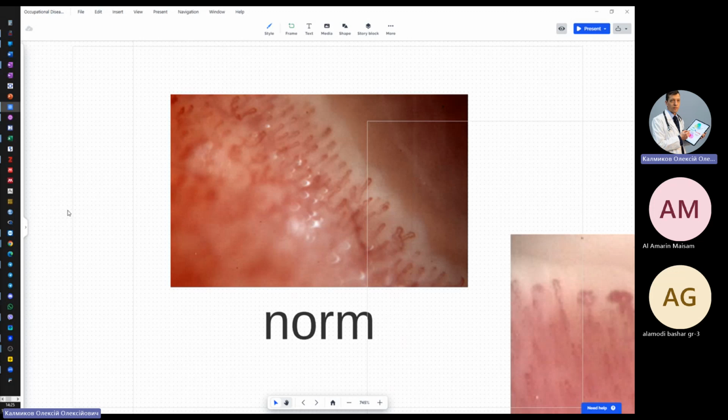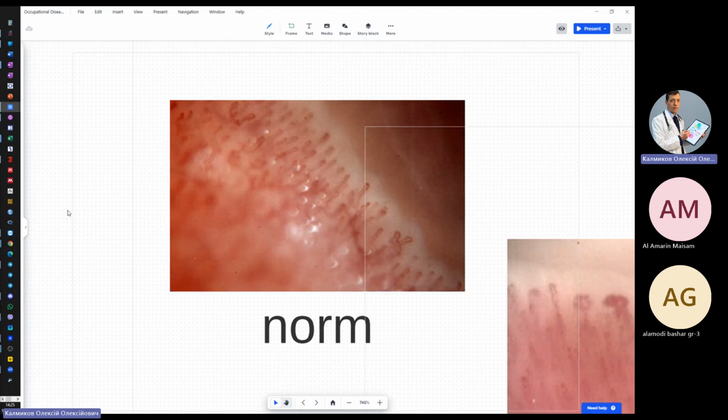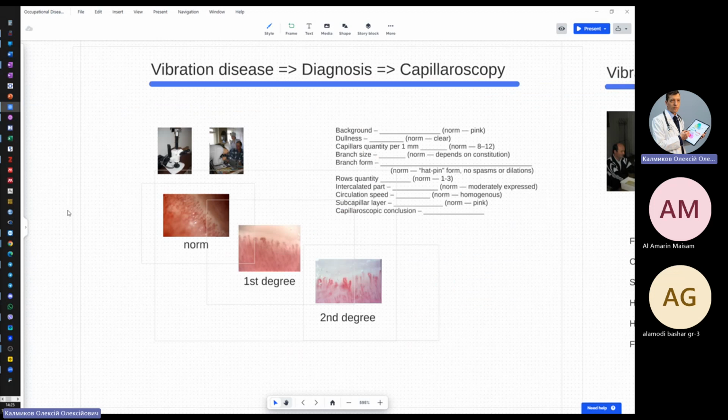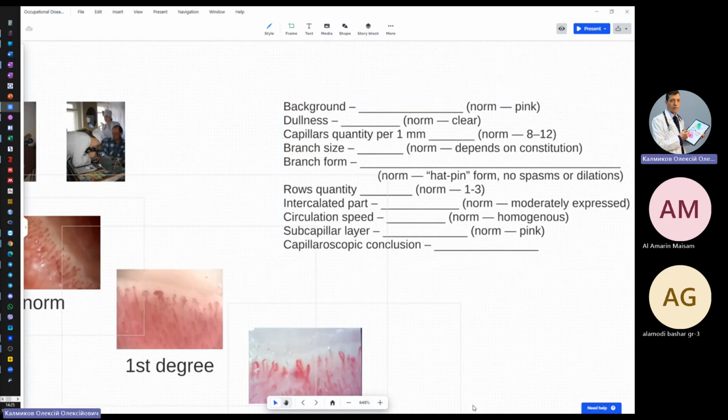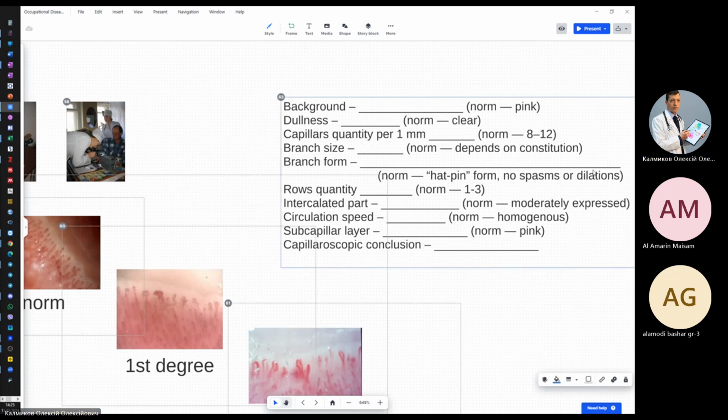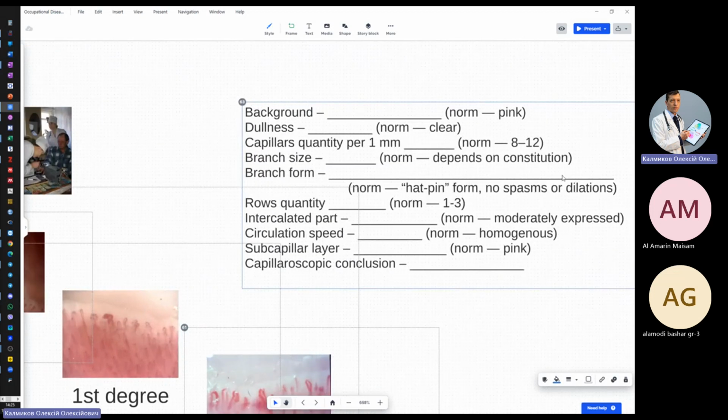Normally, there is a form to detect and document different parameters of the capillaroscopic picture, including 10 of them, right?